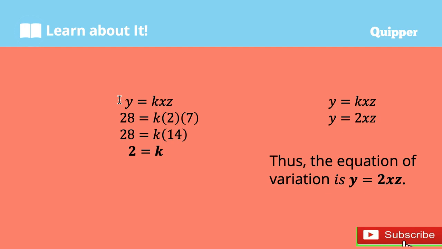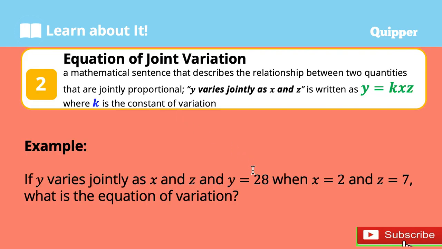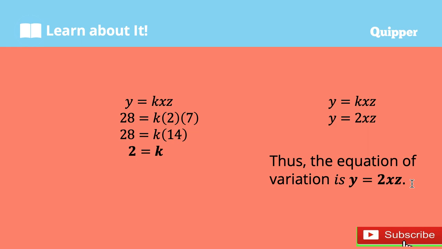And then, substitute the values for y, x, and z to solve for k. Our y is 28, x is 2, and z is 7. Let's find the constant of the joint variation. We have 28 is equal to k times 2 times 7. 2 times 7 is 14.